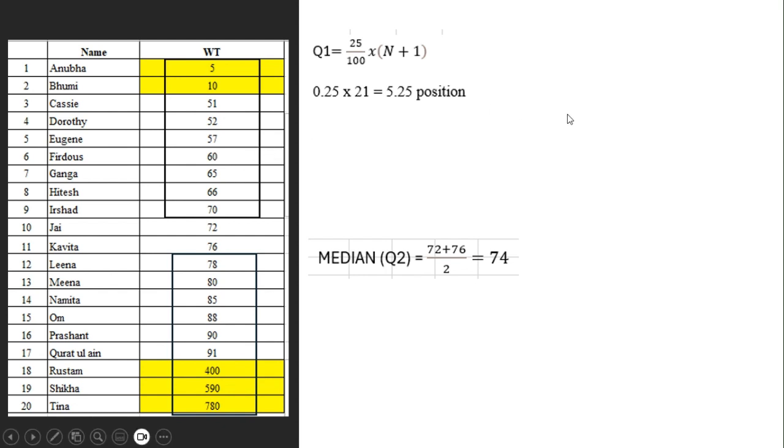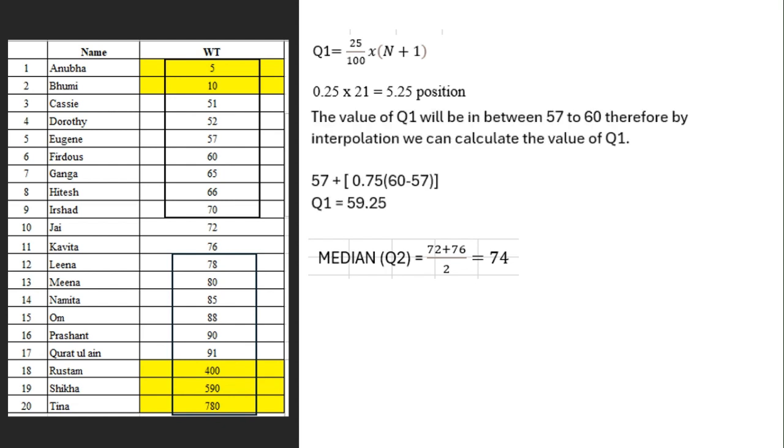So this means I have to calculate the 25th percentile, and let's see how we do this calculation. Next you can see that the value of my Q1 is between the values of 57, which belongs to Eugene, and 60 kgs, which belongs to Firdaus, and by interpolation we can calculate our value as 59.25.